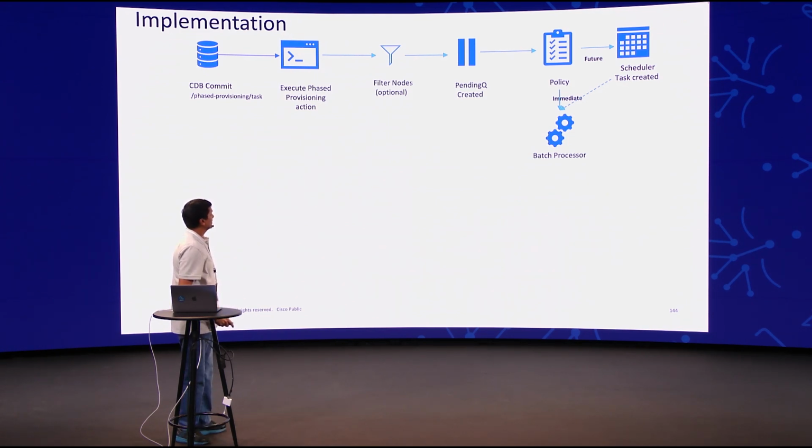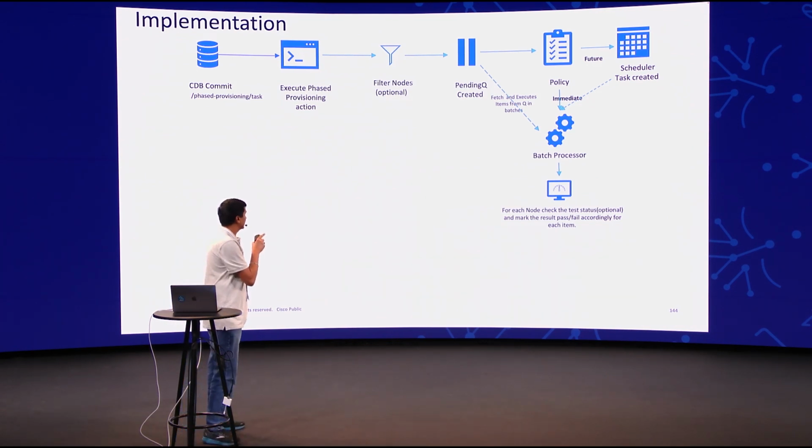What the batch processor does is it will fetch the items from the pending queue and execute in batches. So for every item, it will run the action, and it will test it for every batch. Once the items are done, if there are more items left in the queue and the error budget is not depleted, it will just go with the next batch. And it should be within the time window.